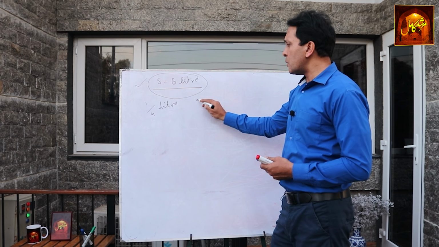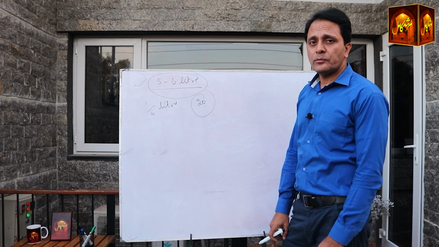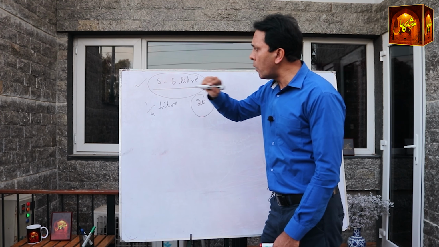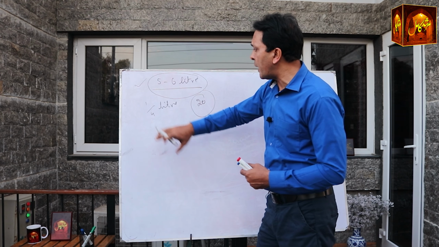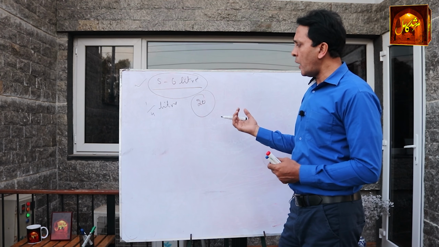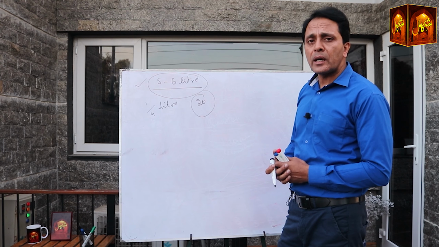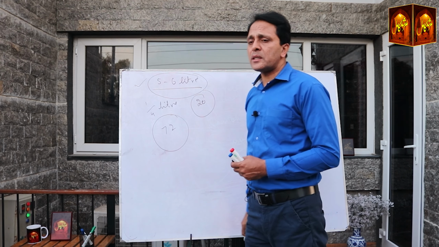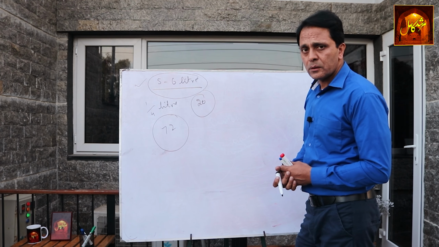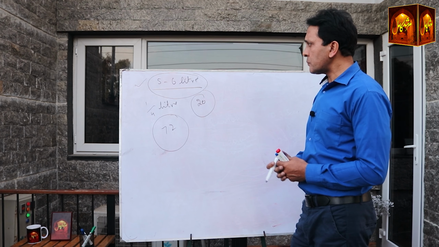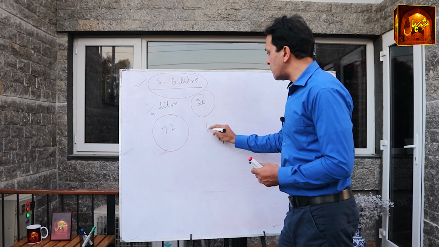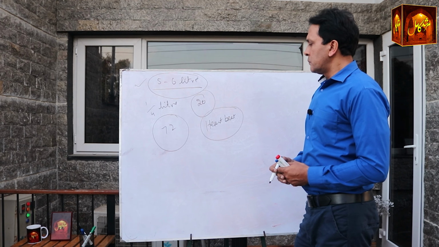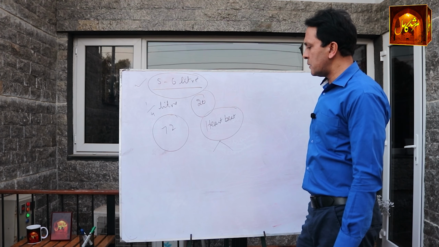So almost it takes 20 beats to flow this whole blood throughout the body, and this whole blood will pass through your heart. And how many heartbeats are there in a single minute? The normal heartbeat is 72 times per minute. Okay, again, when we talk about the heartbeat, we divided it into two different parts.